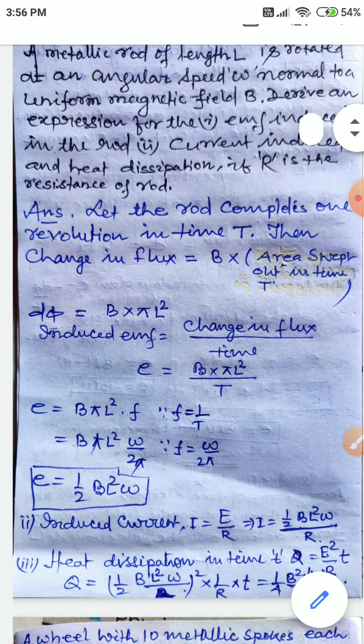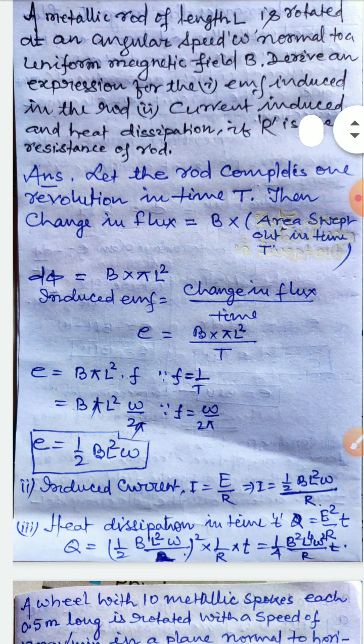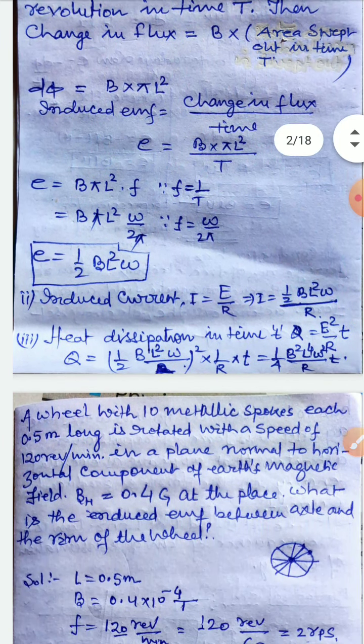You can see the induced EMF will be half B L square omega, which we have discussed. Then current I is equal to V by R, so I is equal to E by R. Put the value, you will get the current, and heat dissipation in time t is V square by R into t. Put the value of EMF, you will get the value. In this way you can answer this question.